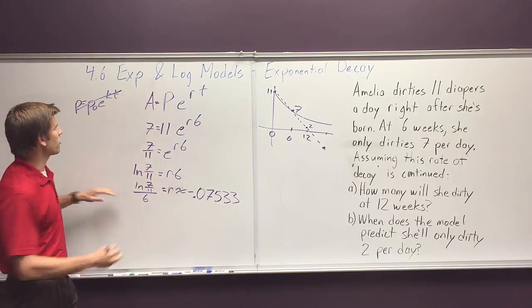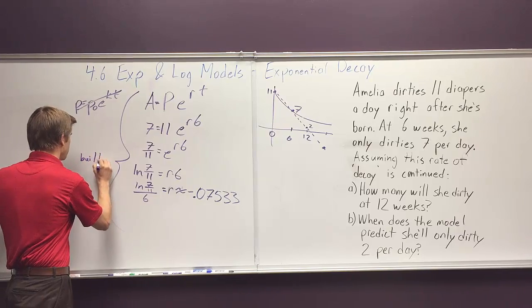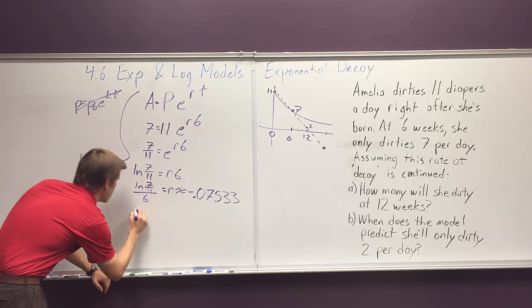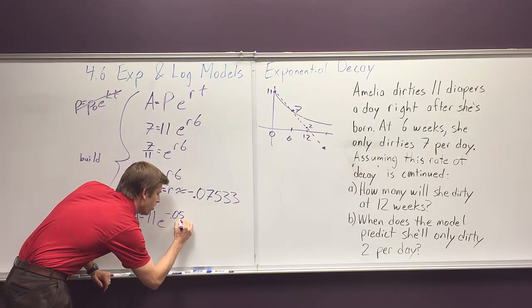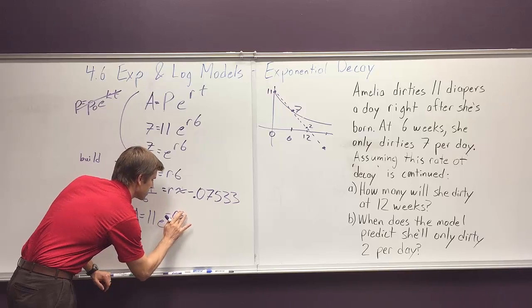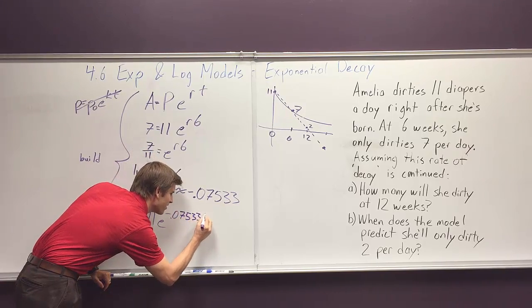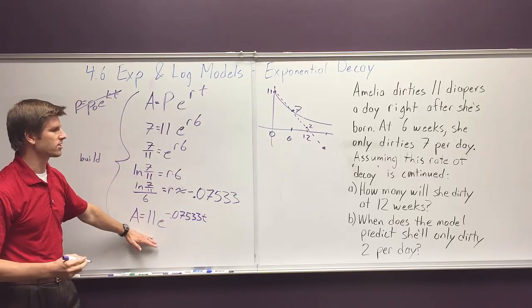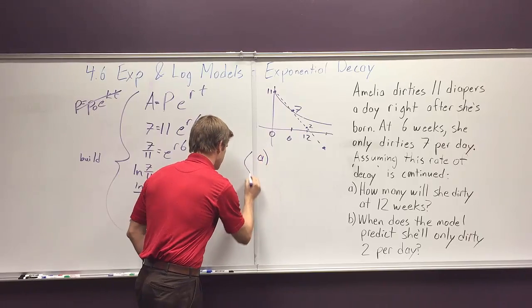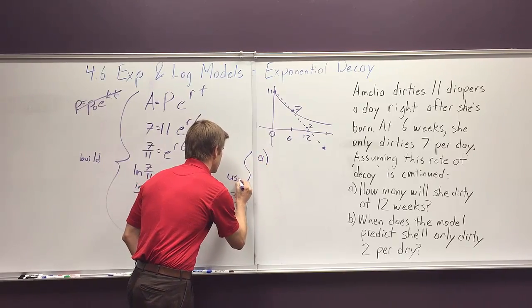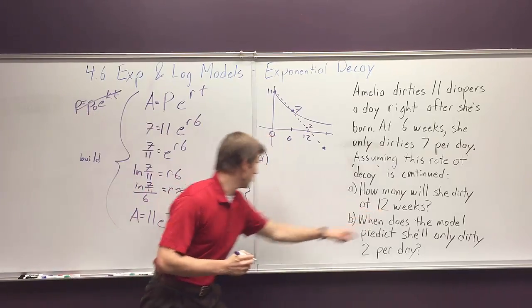So what I've done here is what I call build a model. Okay? So I've built a model. My model now is A equals 11 e to the -0.07533t. Now I can use this model to solve a problem like A. This is the using part. I take this model, how do I predict what will happen at 12 weeks?